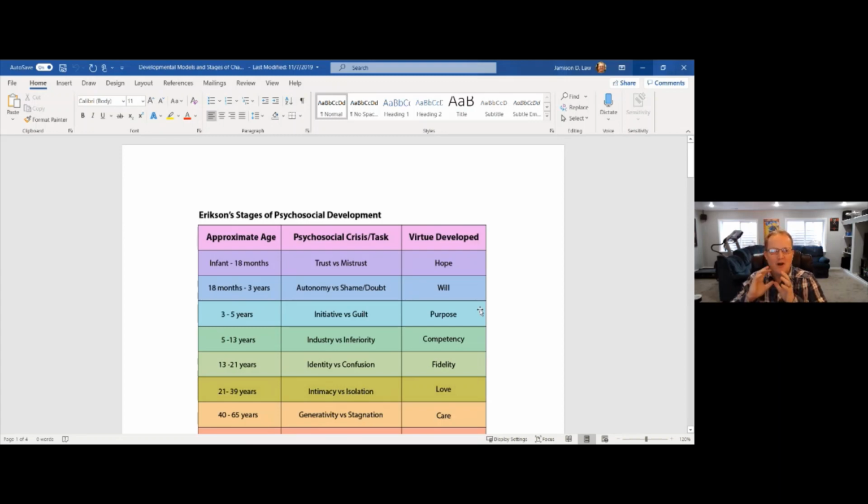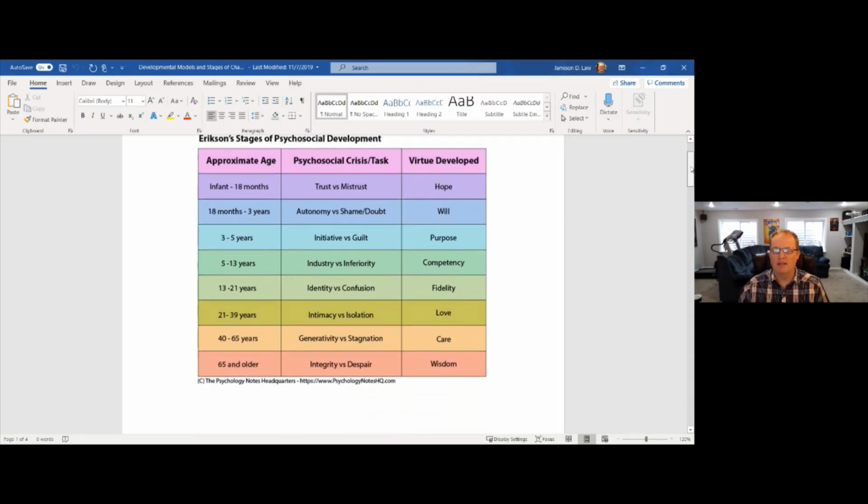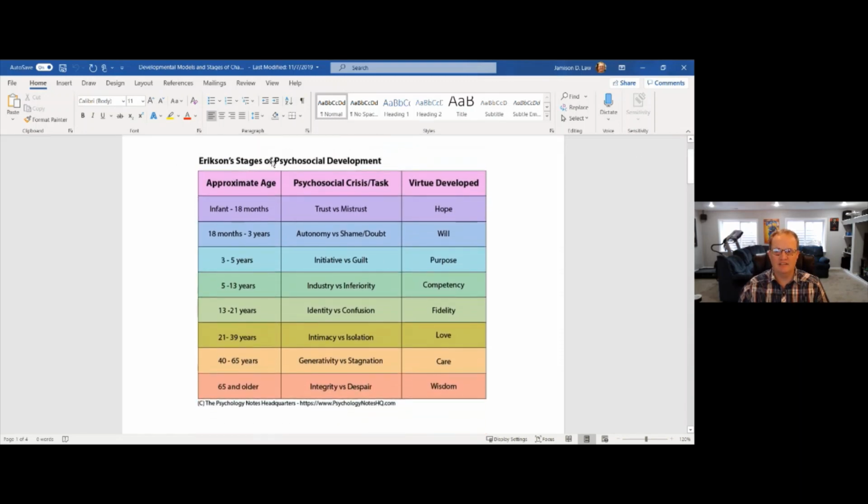This is where all this stuff you guys have learned can help you to begin to understand him. And I'll provide more information to explain how this applies, how this helps us to understand, as well as how to work with him. As I got to know him, and I started to look at Erik Erikson's stages of psychosocial development, my understanding of him got so much better.